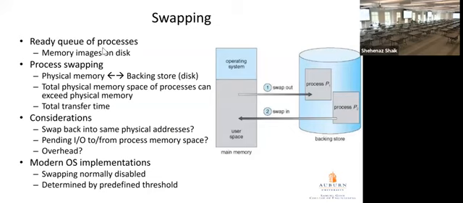Okay? And then once we have multiple processes in the ready queue, it is the job of the short-term scheduler to make a decision as to which one of those ready processes can be allocated the processor, can be scheduled for execution.